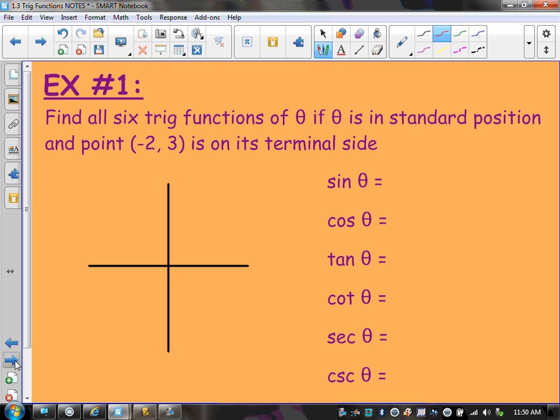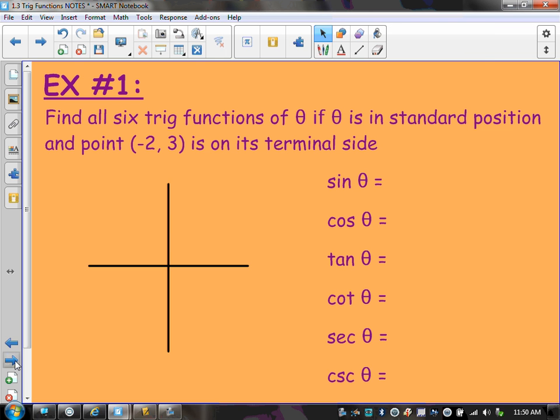Here's example number 1. It says to find all 6 trig functions: sine, cosine, tangent, cotangent, secant, cosecant. Theta is in standard position and the point (-2, 3) is on its terminal side.